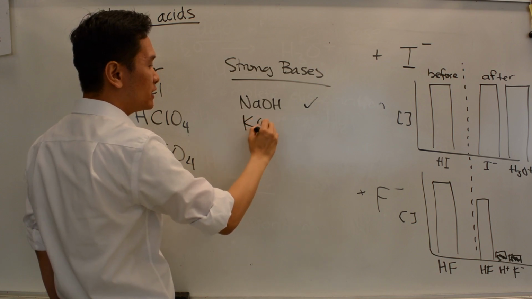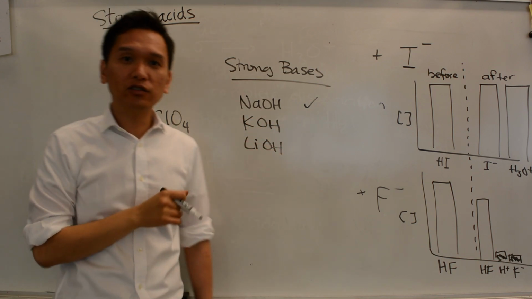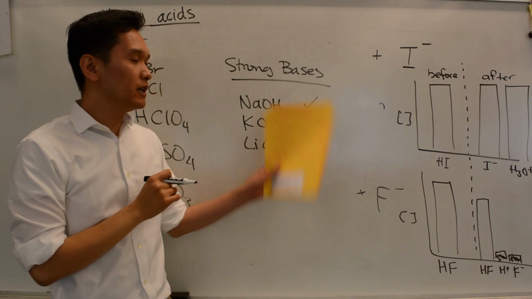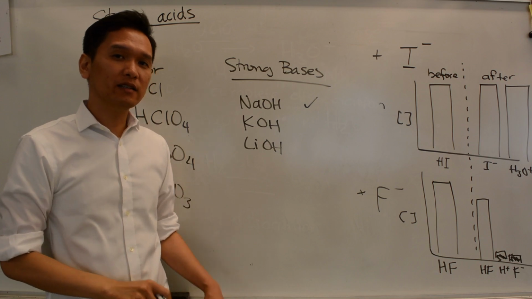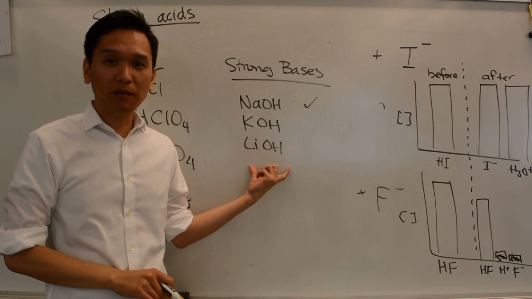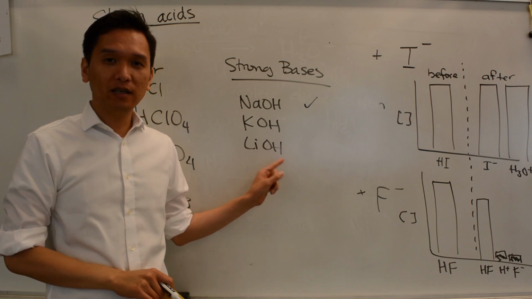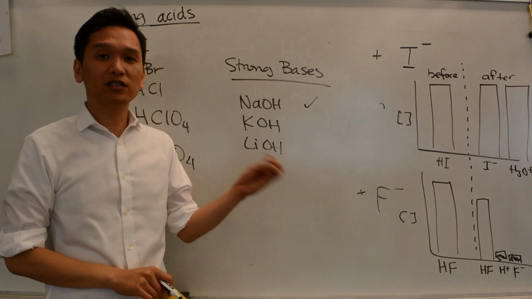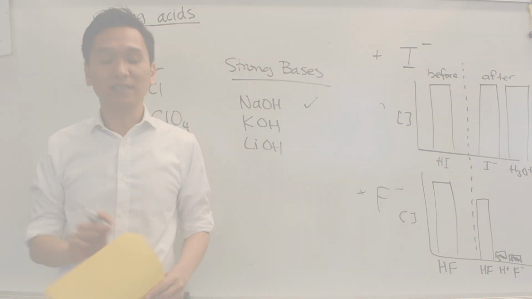Right? So KOH, LiOH, so on and so forth. So check your solubility rules to know if something is a strong base. Again, how do you know if it's a strong base? If it's an ionic compound with OH as a polyatomic ion and it dissociates completely because it's soluble in water, it's a strong base. If not, then it's a weak base.